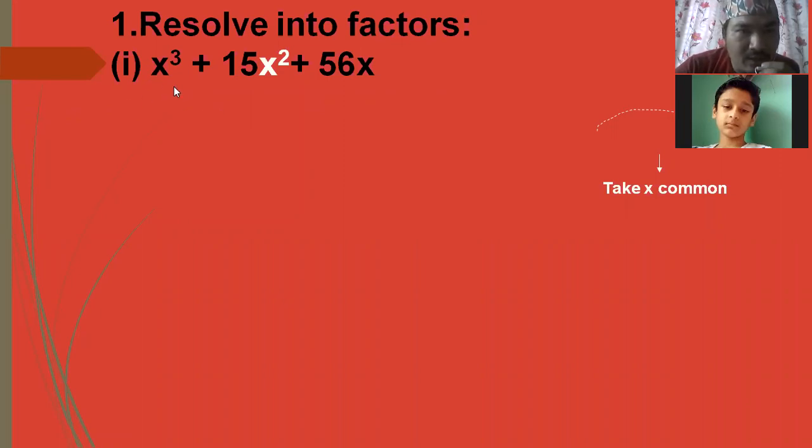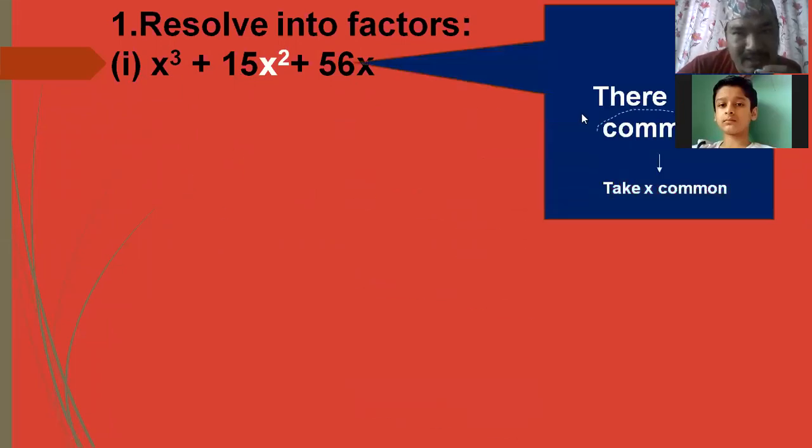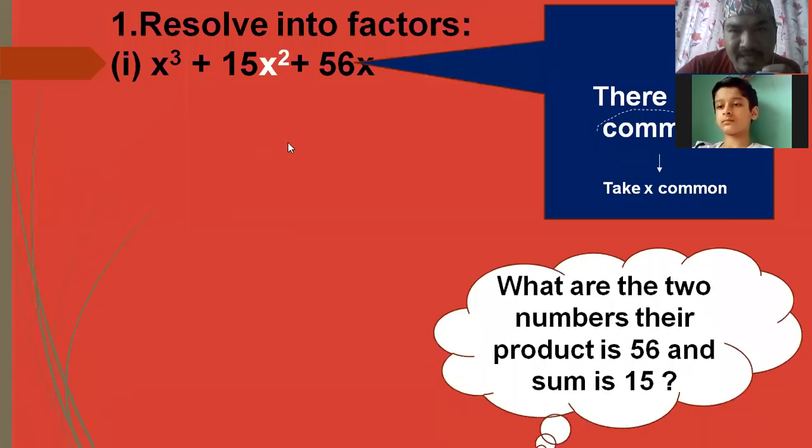Is there a common factor in all three terms? Take common x, because there is x in these three terms. When you take common x, it will be like this; I have written it at the side.